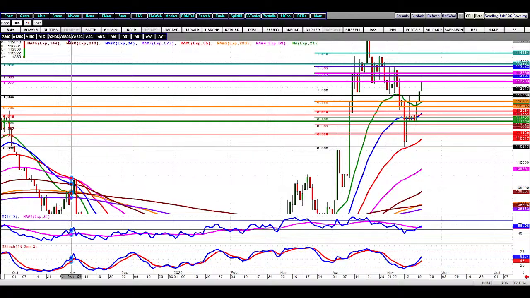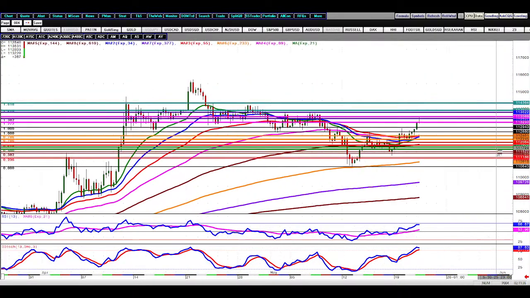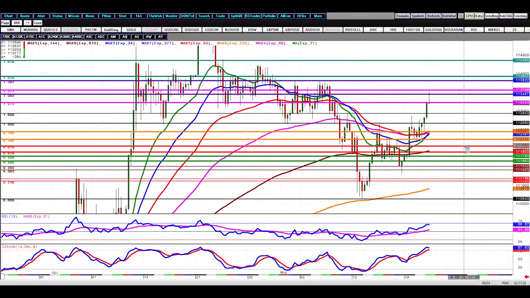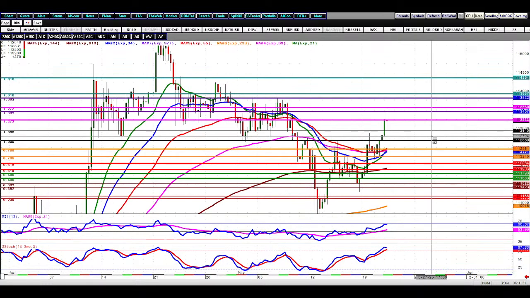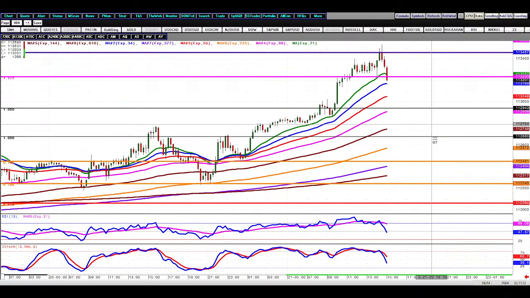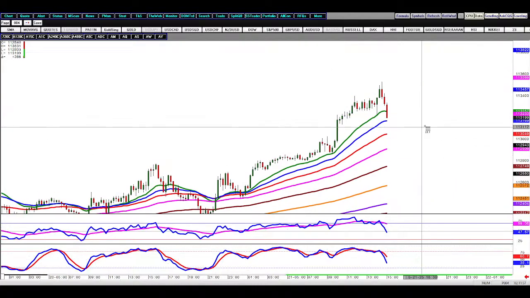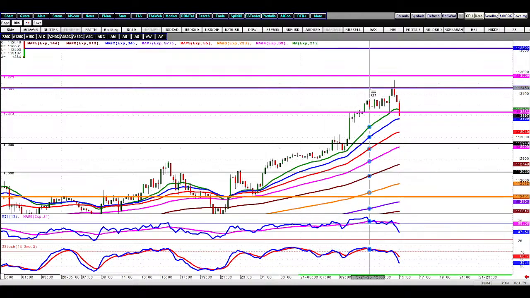Then when we look into the hourly or 6-hour chart, now we are seeing most likely we may have seen the high, and the market is expected to turn down from here, and the 15-minute is giving us a confirmation.